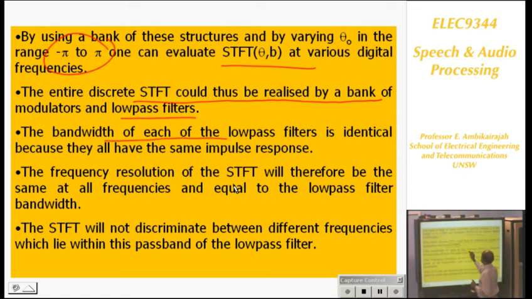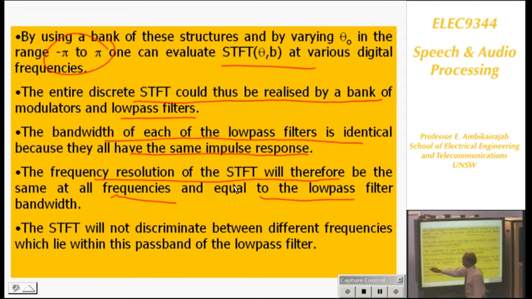Carrier frequency is the frequency that you are changing. So the bandwidth of each of these low-pass filters is identical because they all have the same impulse response or the same window size. The frequency resolution of the short-time Fourier transform will therefore be the same at all frequencies and equal to the low-pass filter bandwidth or cutoff frequency. So the short-time Fourier transform will not discriminate between two different frequencies if they lie within the bandwidth of the low-pass filter. So if you say this is my bandwidth of the low-pass filter, and you've got two frequencies coming, say this is 50 hertz.